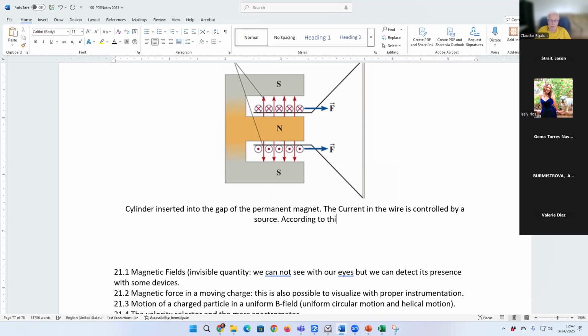According to this geometry, the force applied to the wire is from the left to the right. Okay?